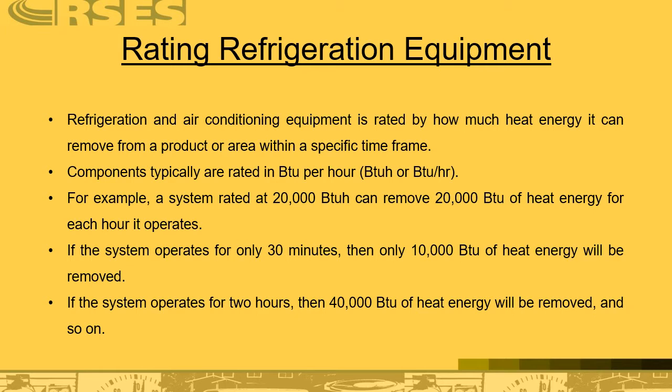As an example, a system rated at 20,000 BTUs can remove 20,000 BTUs of heat energy for each hour that it operates. If a system only operates for 30 minutes, only 10,000 BTUs of heat energy will be removed. If the system operates for 2 hours, then 40,000 BTUs of heat energy will be removed, and so forth.